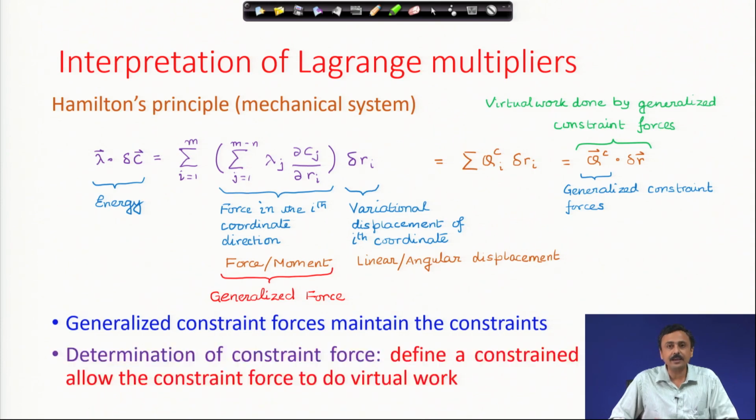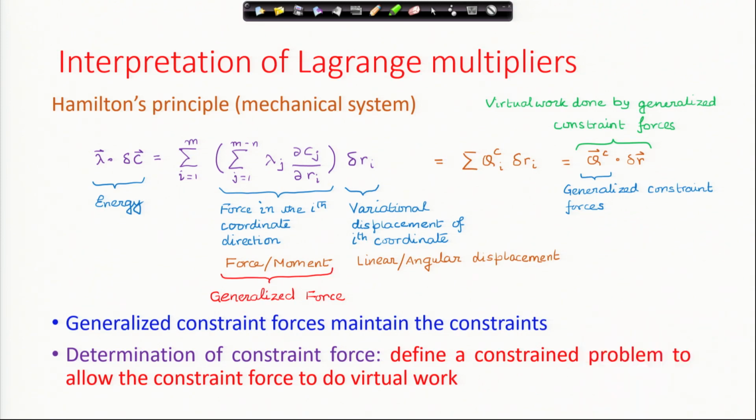The next thing is how we can find out the constraint forces. I have demonstrated, we first define a problem with constraints. In other words, if you want to determine constraint forces, you have to introduce a constraint.